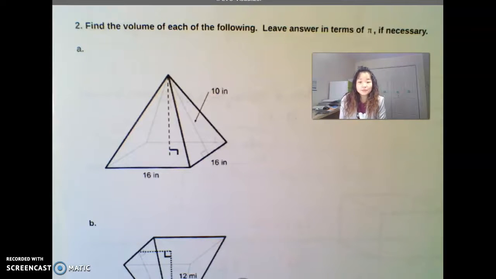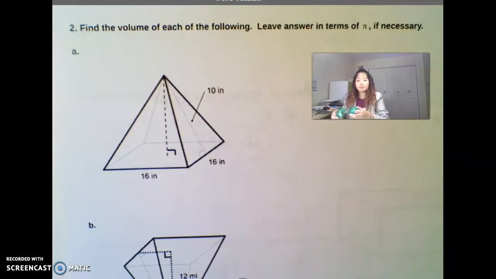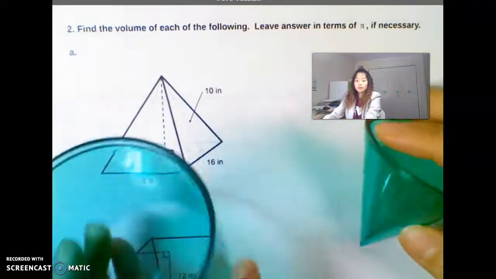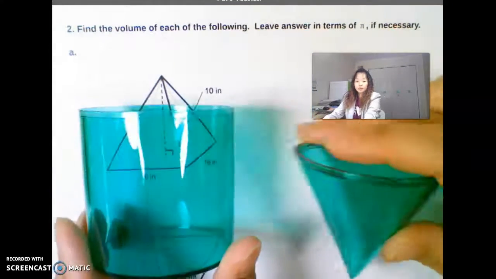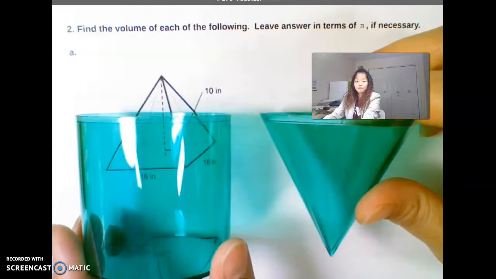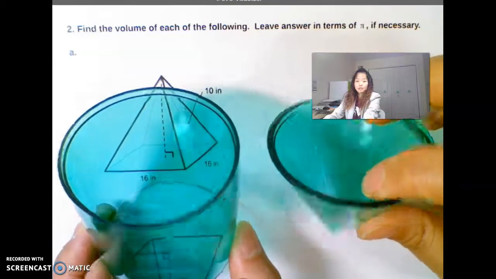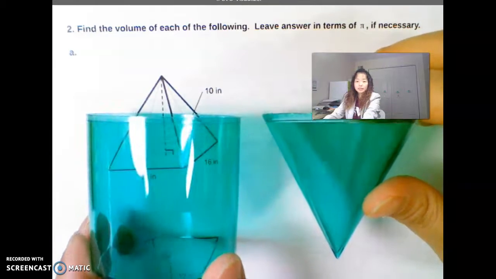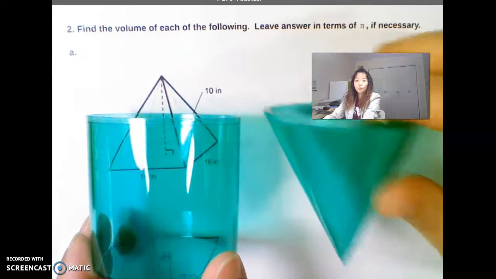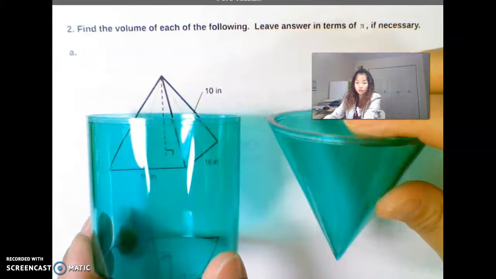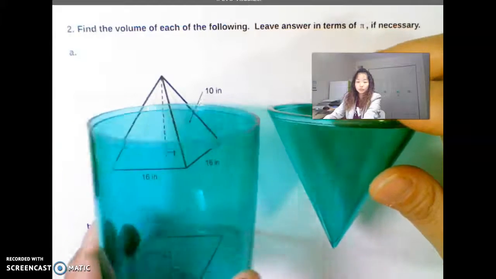Hi guys, so today we're going to talk about finding the volume of a pyramid, a cone, and a sphere. So remember from last week that there's a cylinder and here's a cone, and if they have the exact same base and exact same height, the cone takes one third of what the cylinder can hold.